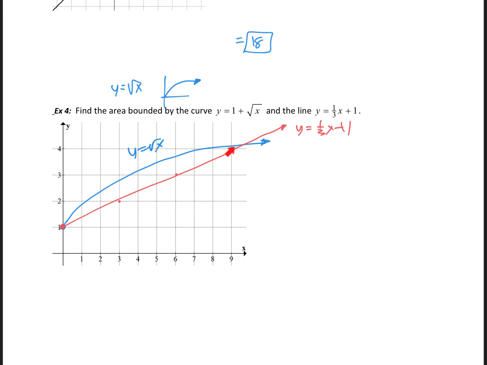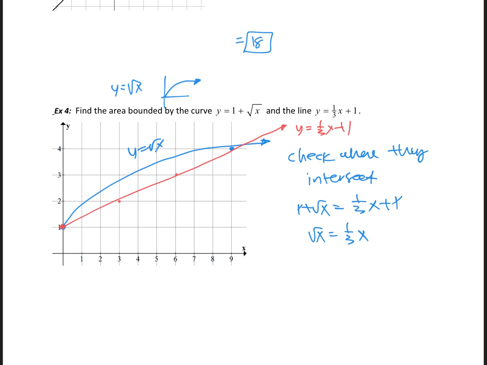They meet when x is equal to 9, but algebraically I have to check where they intersect. I'm going to let those two functions equal each other and solve algebraically. So radical x is equal to 1/3 x.